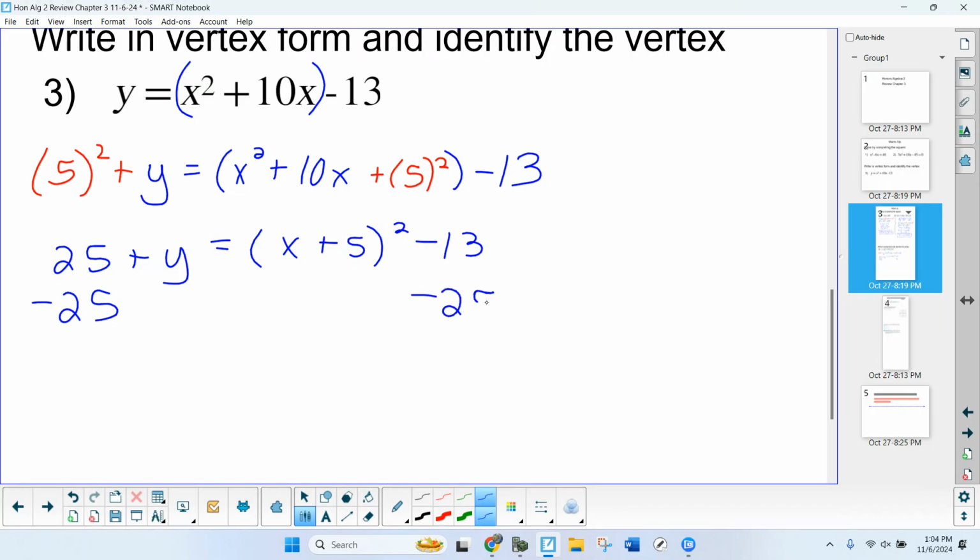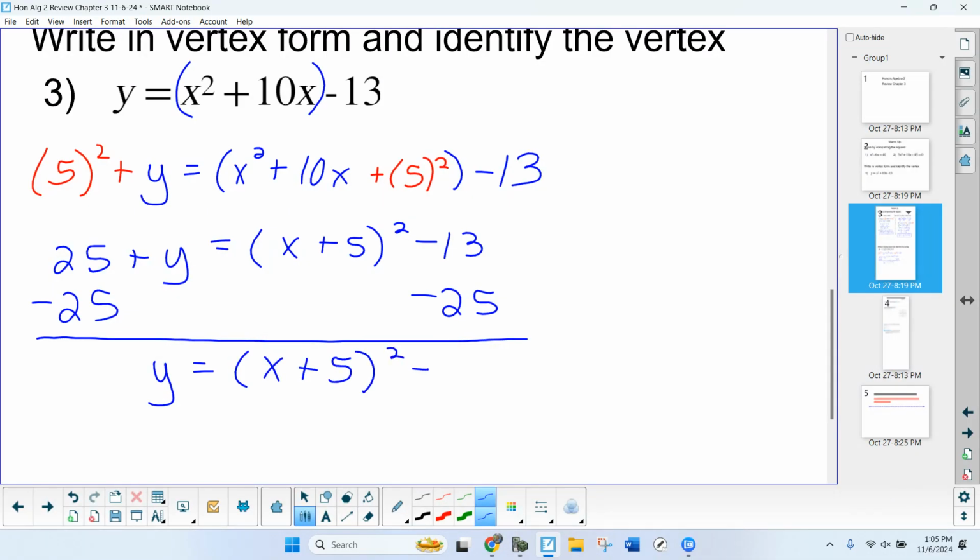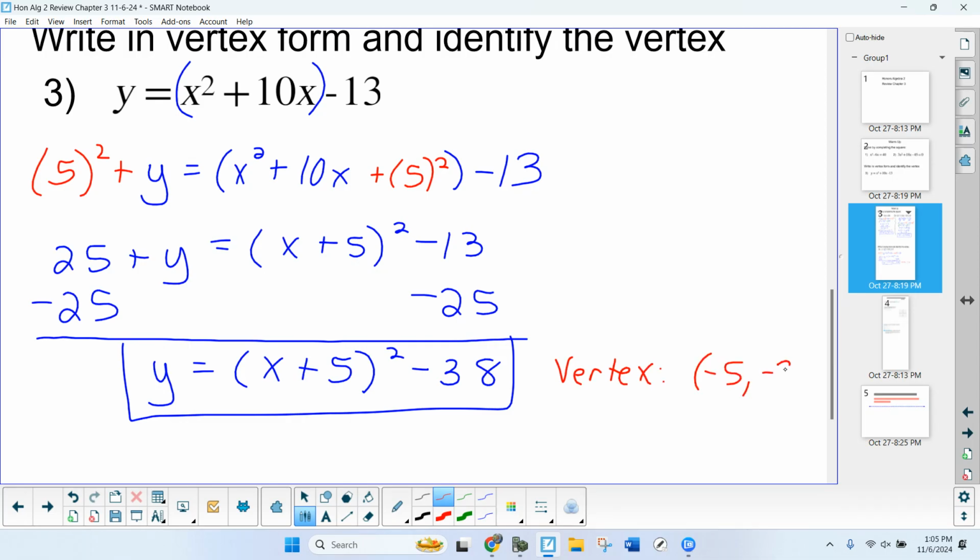When you subtract 25, you get y equals what? (x + 5) squared minus 38. There's your vertex form. What is your vertex? (-5, -38). Because your vertex goes left 5 and down 38. Questions?